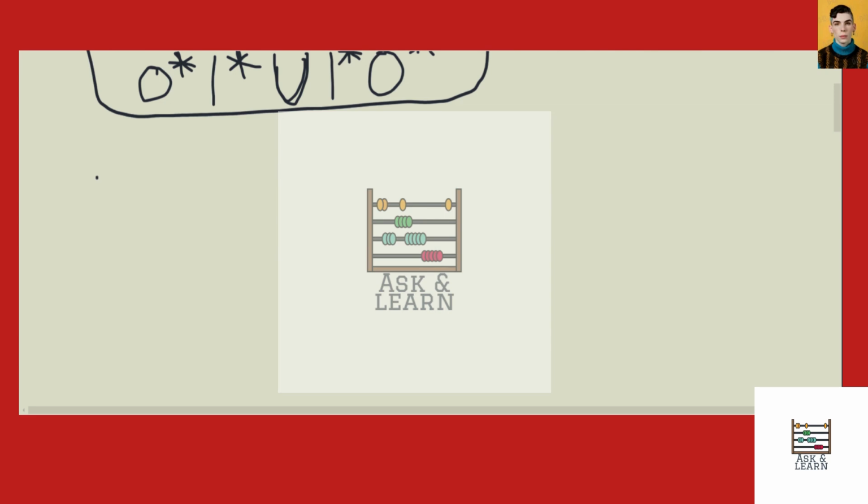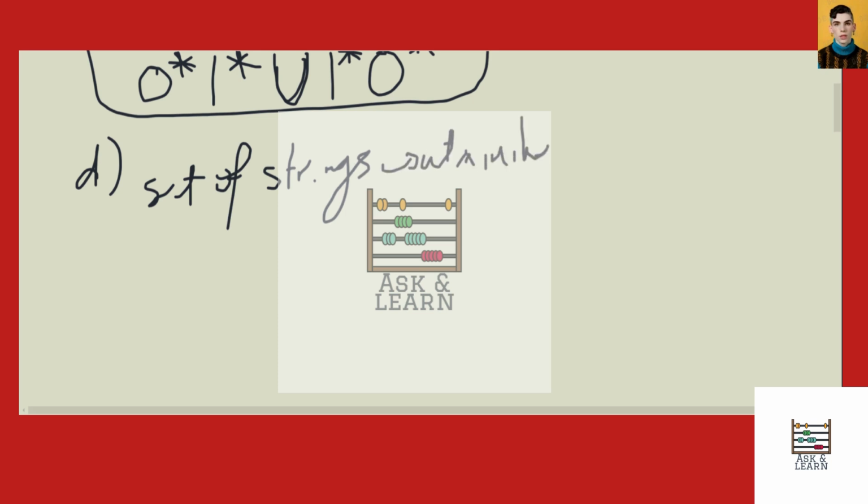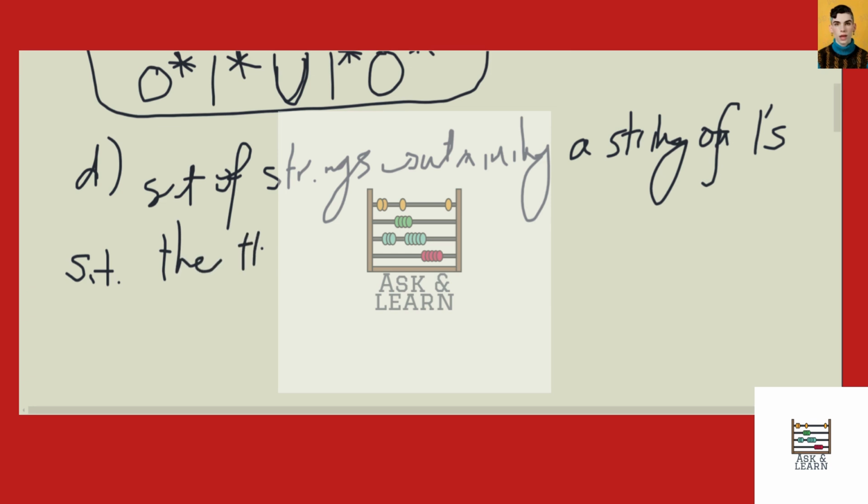In part D, we are given the set of strings containing a string of ones such that the number of ones equals 2 modulo 3, followed by an even number of zeros.